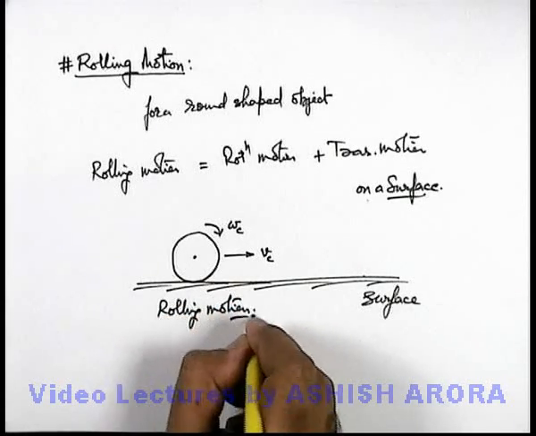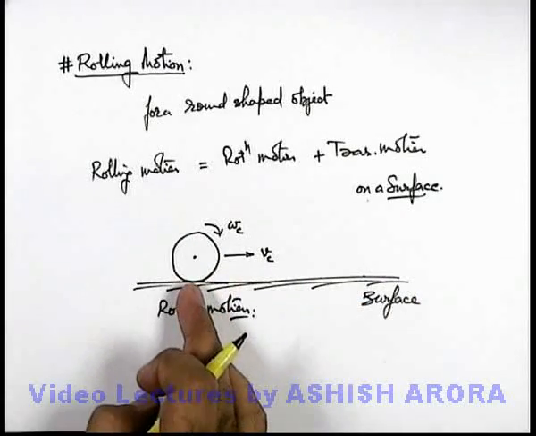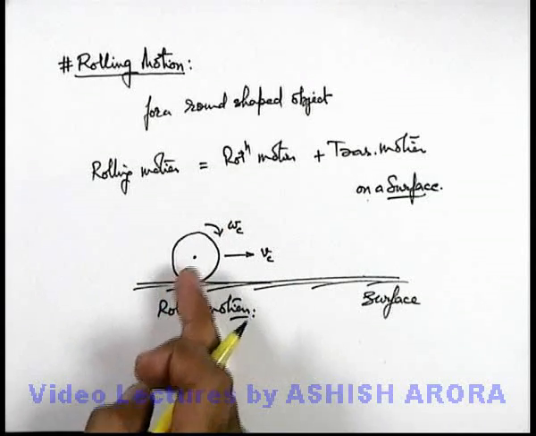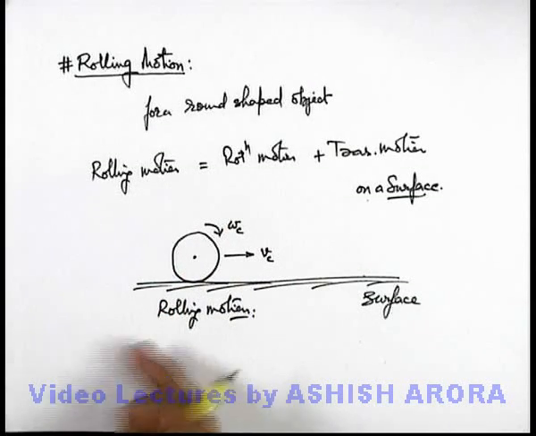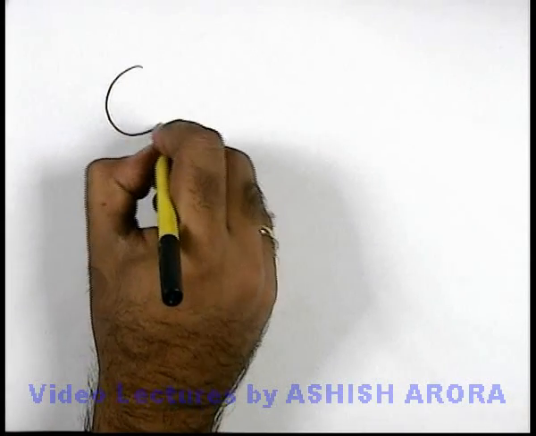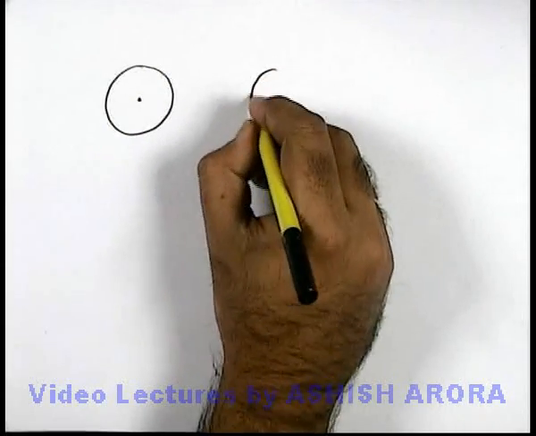And this rolling motion can be considered as a combination of translational motion of the body plus the rotational motion of the body about its center of mass. Like, rolling motion can be defined as a combination of rotation plus translation.